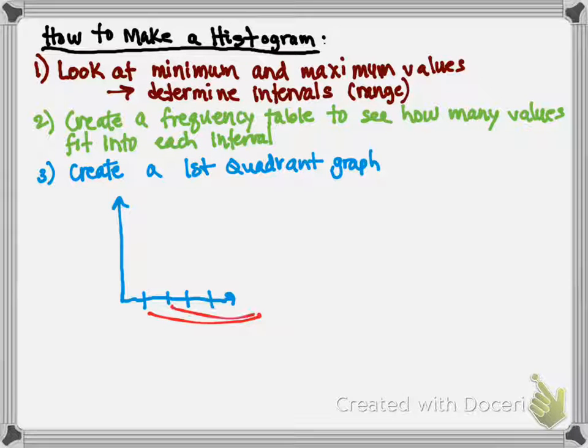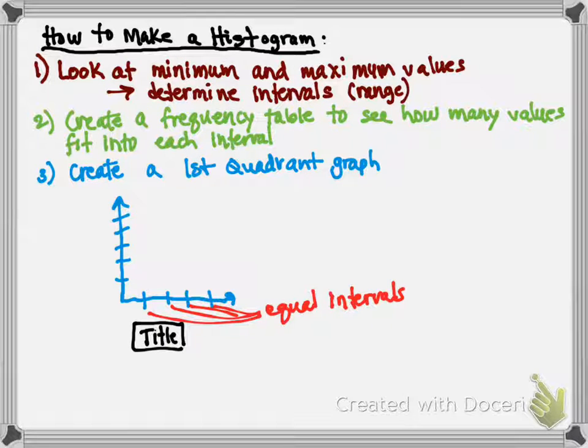So these are your equal intervals. And on the other side, you're going to have your frequency. So I'm going to give you some titles here. So we're going to have some sort of title here. Underneath, what do those numbers represent? Those are going to be your actual intervals. This is going to be your frequency.